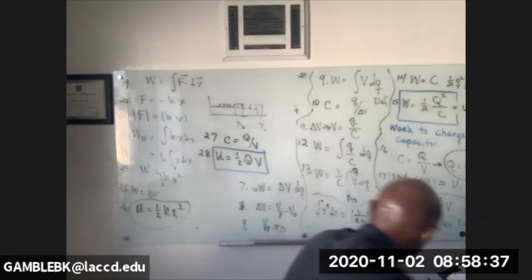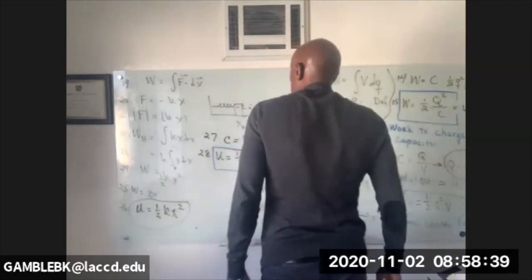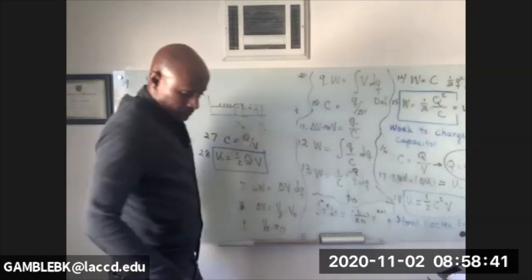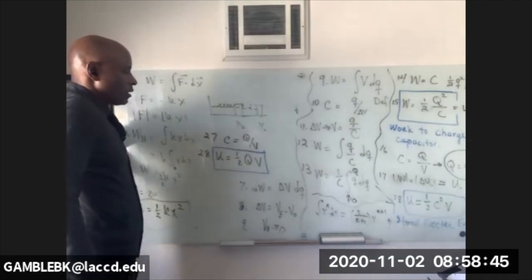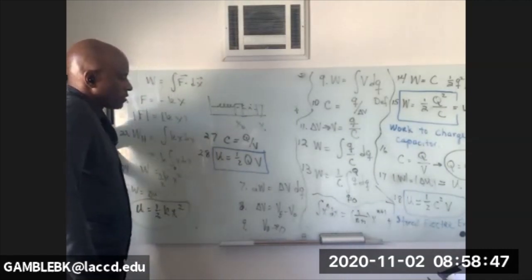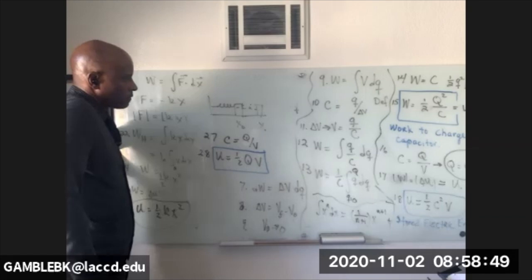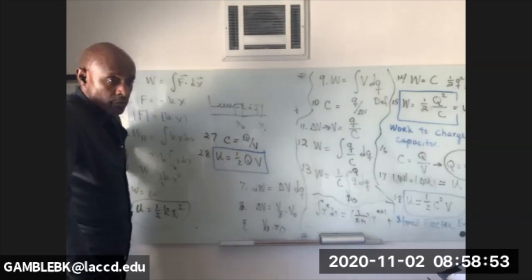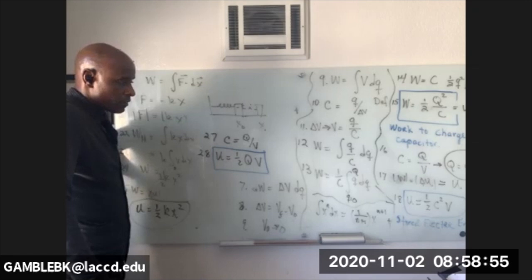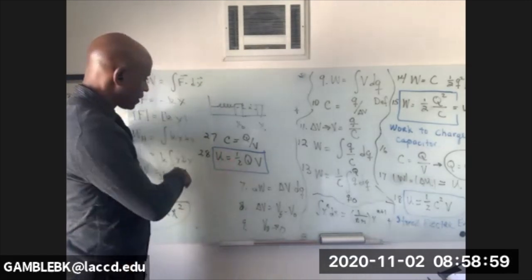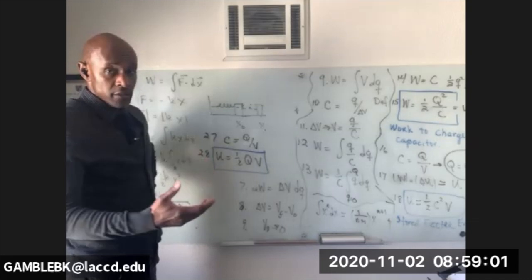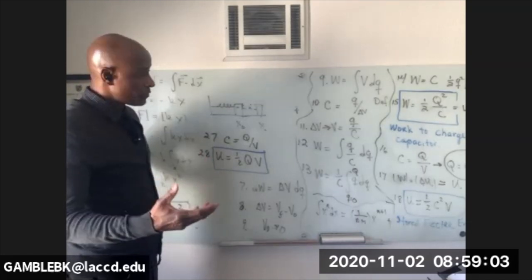Well, those are the interpretations. In particular, these equations show you that, in this case, if you connect the capacitor to a fixed voltage source, which this is DC, so we're assuming that the battery has a fixed voltage.